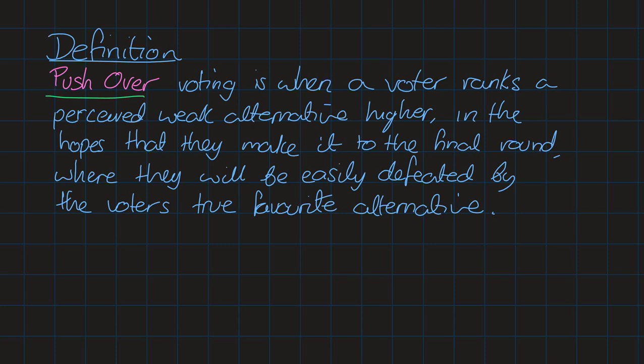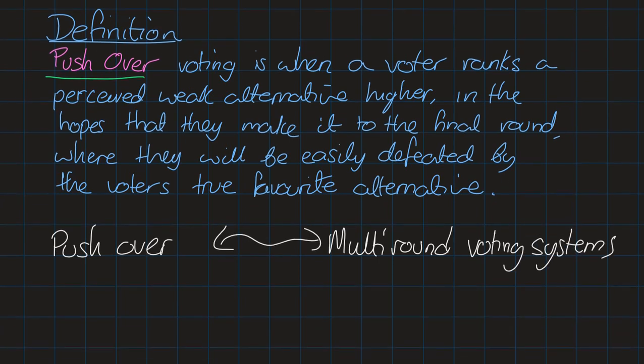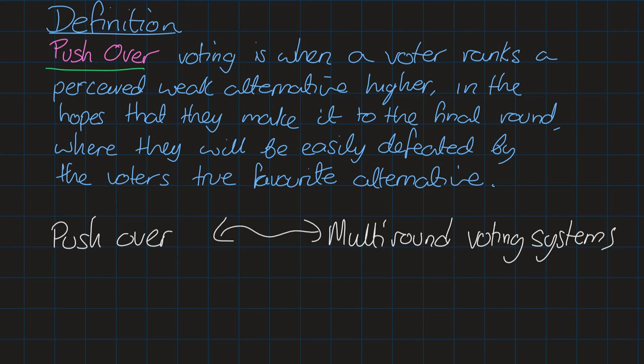Okay, so the idea is pushover tactical voting usually only happens in multi-round voting systems. So pushover goes hand in hand with multi-round voting systems, and we've done a bunch of multi-round voting systems.